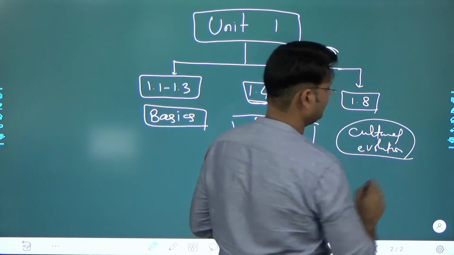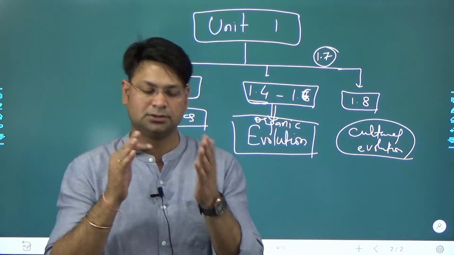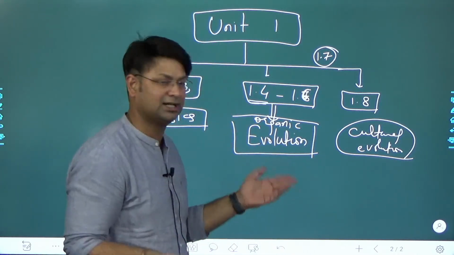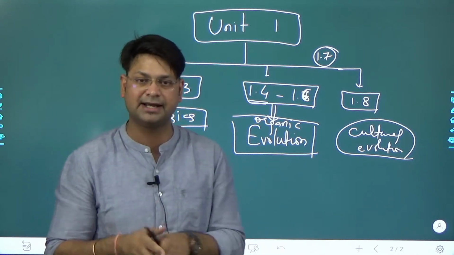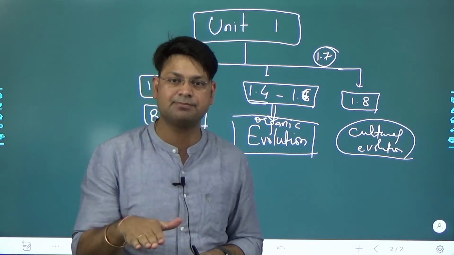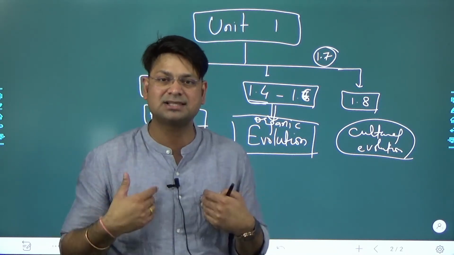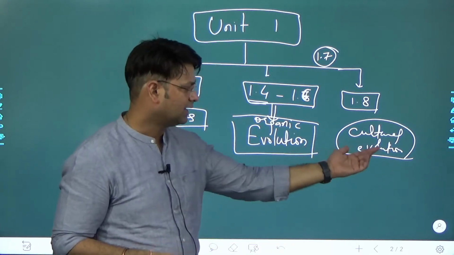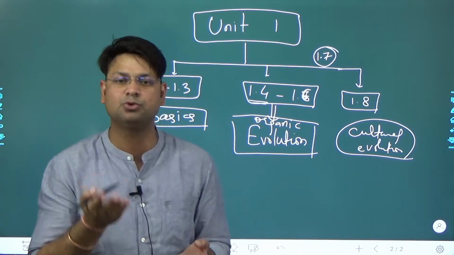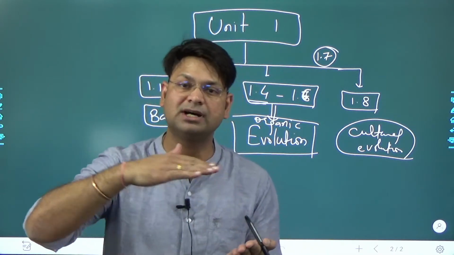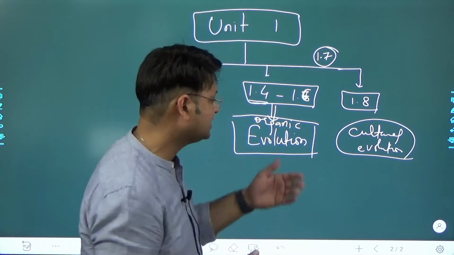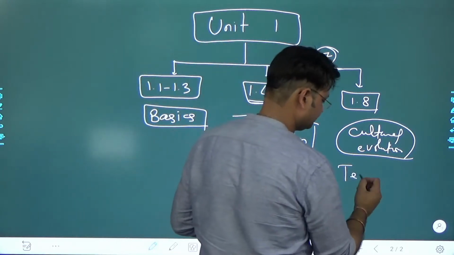So in unit 1 we are trying to understand biological evolution and cultural evolution: how we as biological beings came into being, where we came from, what makes us like this. That is the biological aspect. And the cultural aspect is the evolution of cultures, the different stages of cultural evolution, or you can say technological evolution.